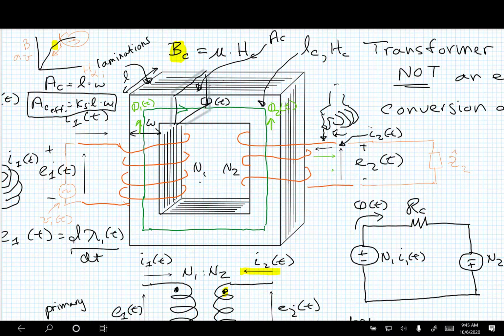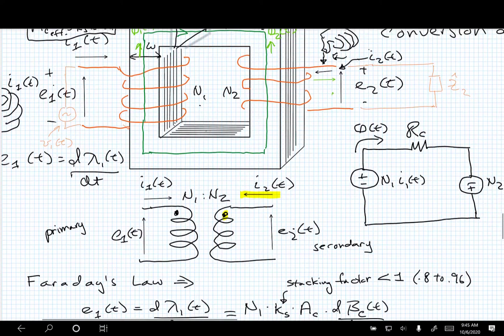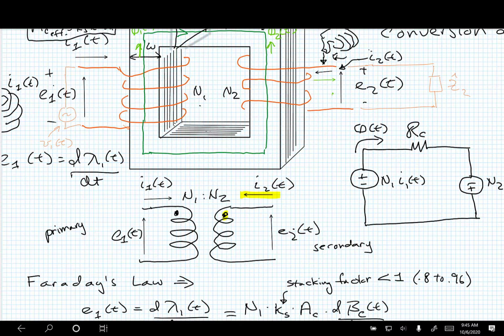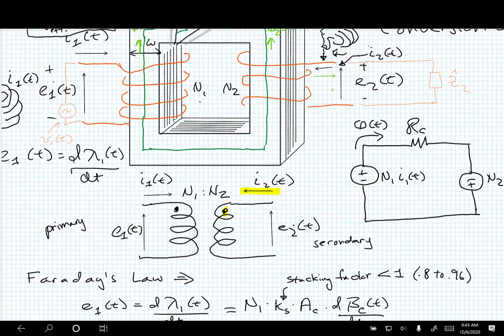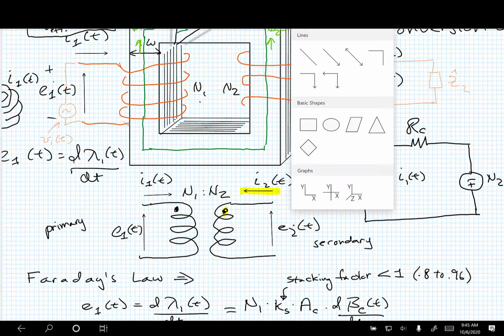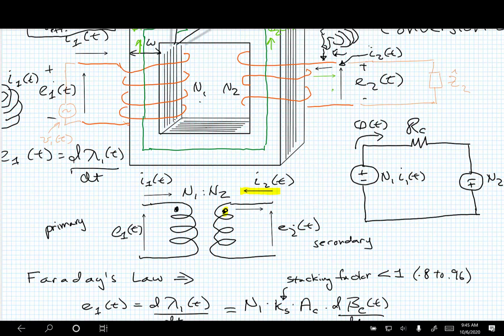Okay, so I wanted to go through this little exercise because I was going online and looking at the way people describe coming up with the turns ratios using Ampere's law, and they start the way I started here, with the meaning of these little dots. People say the current is always going into the dot. Now, I've always said this: on the primary side, the current goes into the dot, but on the secondary side, the current comes out of the dot.